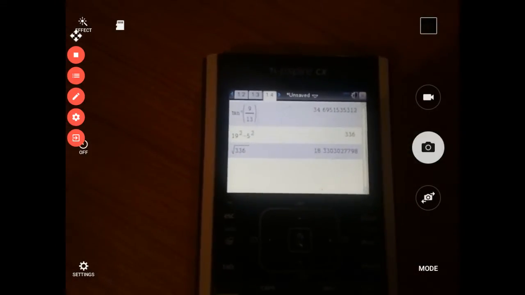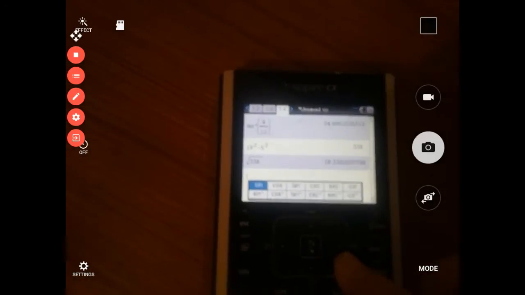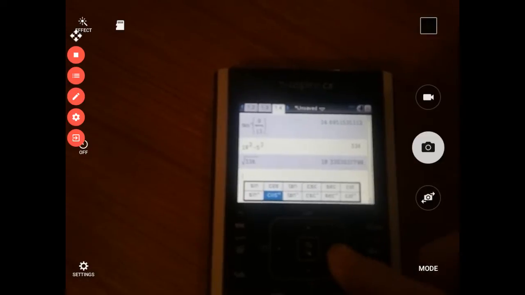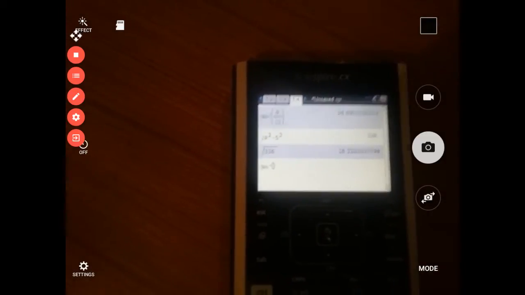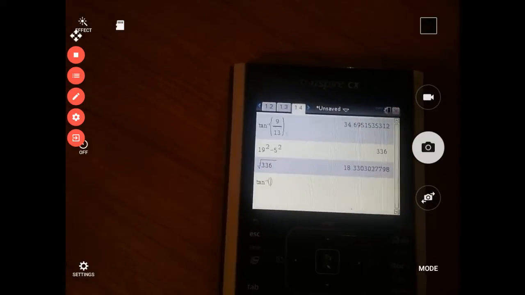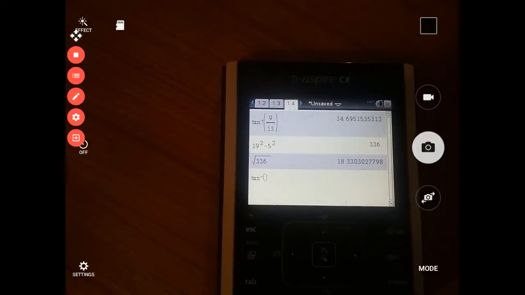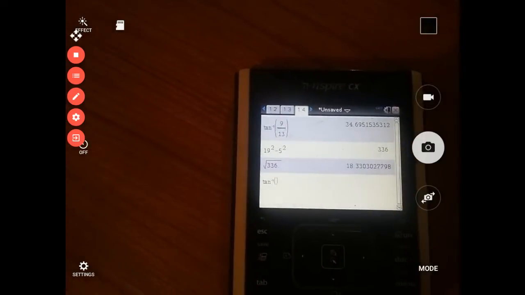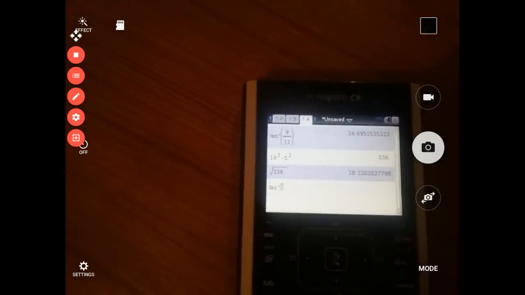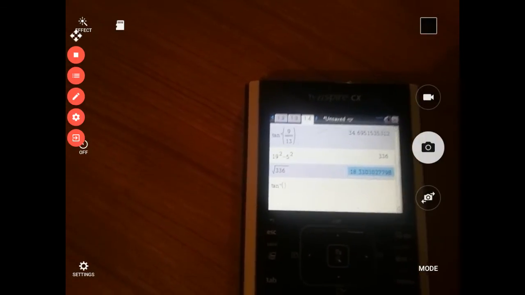Now, the next one, though, I have to arctan. So arctan, now I have to go 18.3303... divided by 5. I don't want to have to type in all those decimals, so I just scroll up, hit enter.